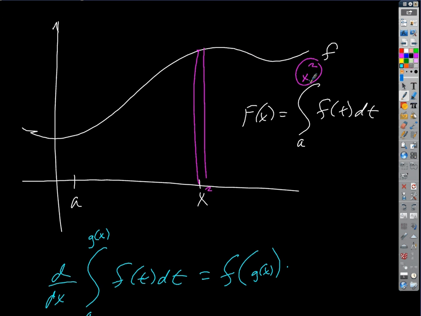But as I'm traveling down the road, I don't really care about the total distance I've traveled when I want to know the rate at which I'm traveling. What is it? G prime of x. That's the speed. You see what I'm saying? We want to know the rate at which that upper limit is changing. We're not interested in the total value at which I'm evaluating the function.